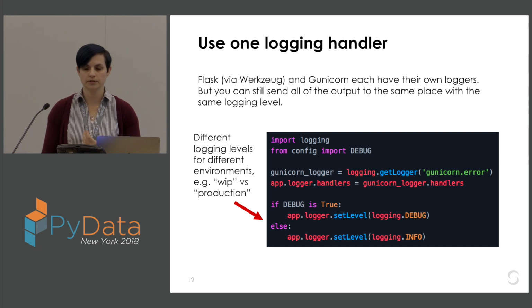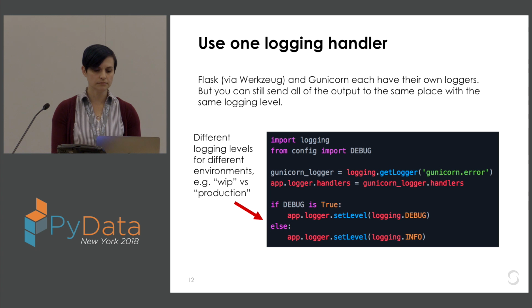You can have different logging levels for different environments. For whip, you might want a logging level of debug because you want to see every single thing that can go wrong. But for production, you probably want to reduce that logging level because you don't want to be overwhelmed with too much logging.